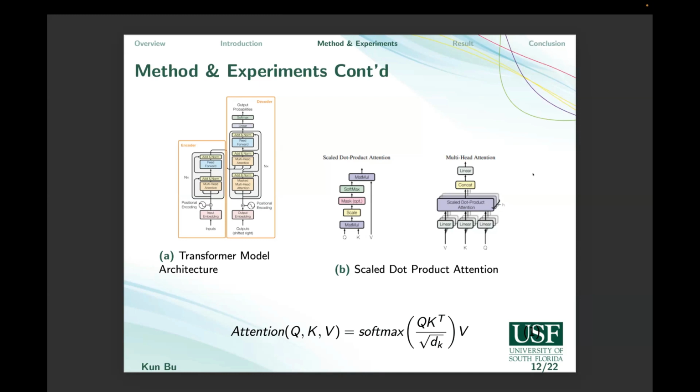So as you can see in figure B, we have the scaled dot-product attention. The key inputs are Q, K, and V, each of which represents query, key, and value vector. Once we have our input into the softmax activation function, it gives us the probabilities output.